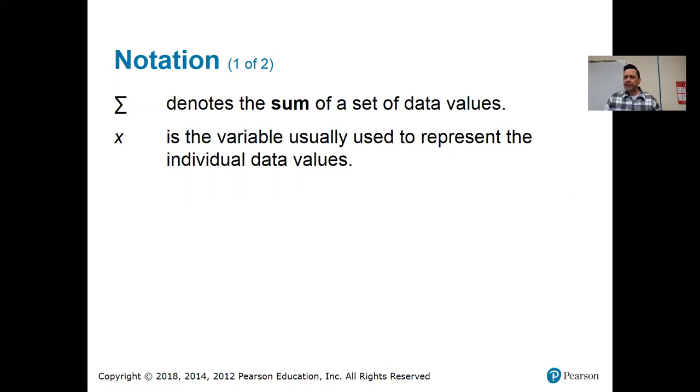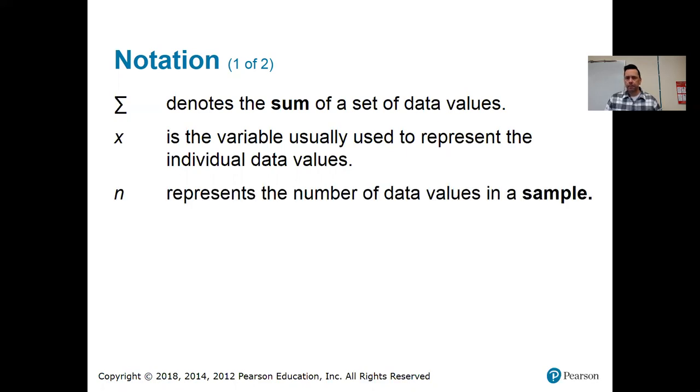When you see an x, that's the variable usually used to express the individual data values. And then n is always used to represent the number of data values in a sample. If we talk about the number of data values in a population, often that's a capital N for number in a population.